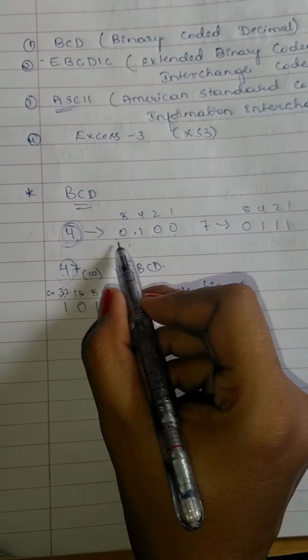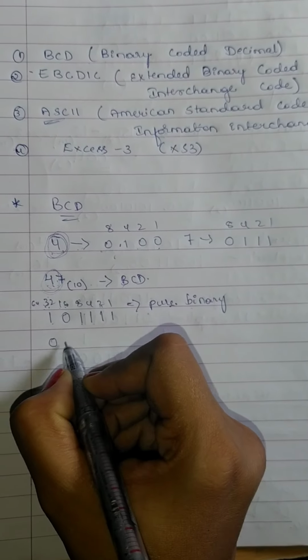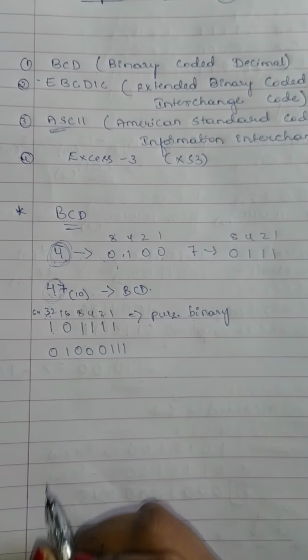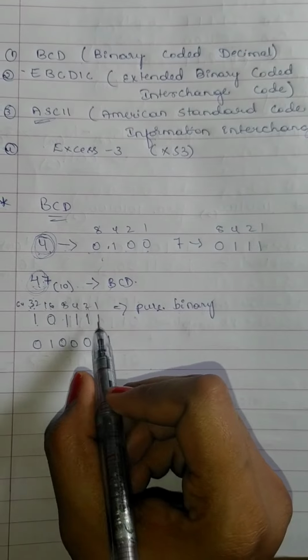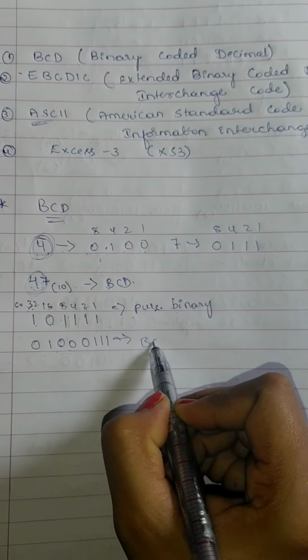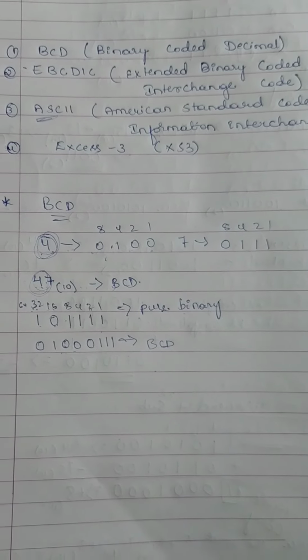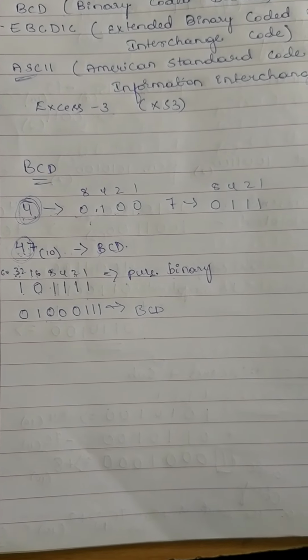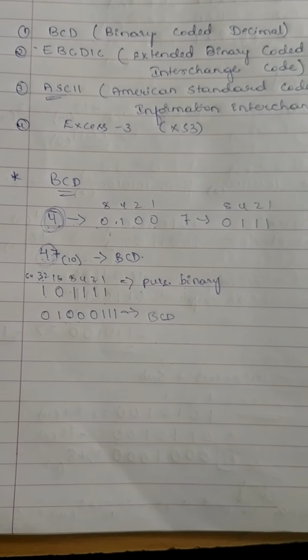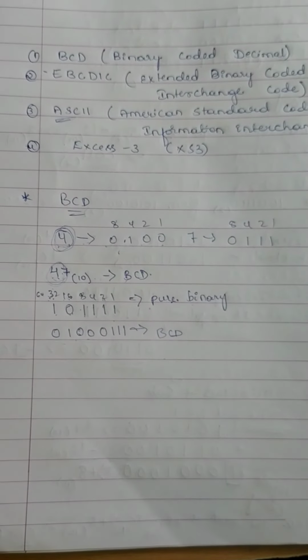So you can take the resultant as 01000111. You can see here the pure binary is different and the BCD value is different. BCD is nothing but representing each decimal digit independently with the help of 8421 format.